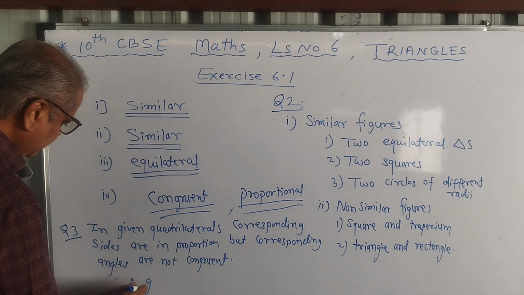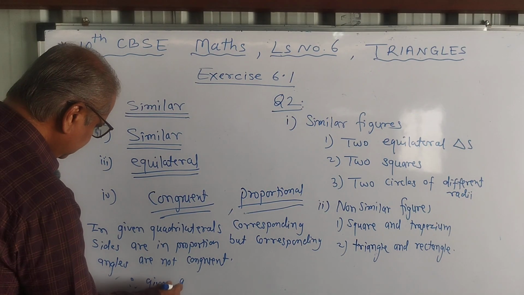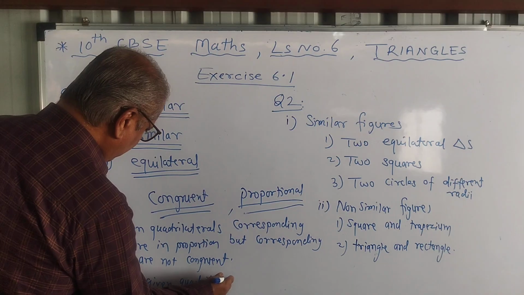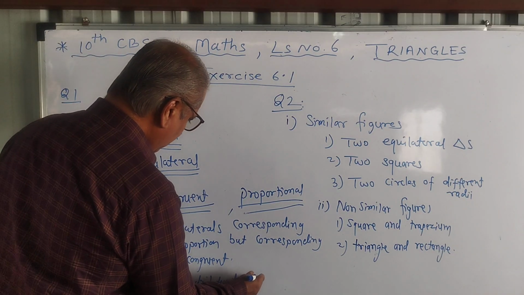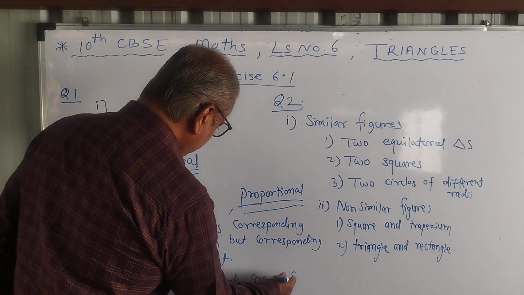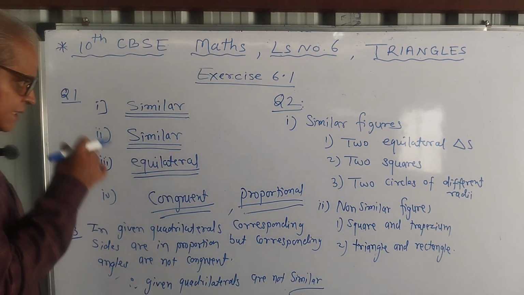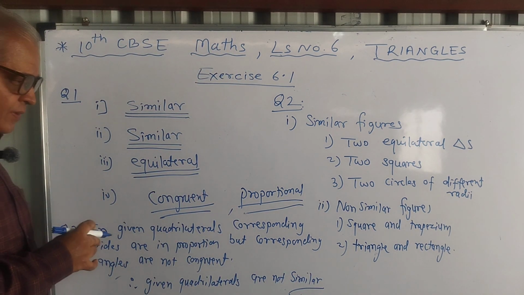Therefore, given quadrilaterals are not similar. So here ends the exercise 6.1.